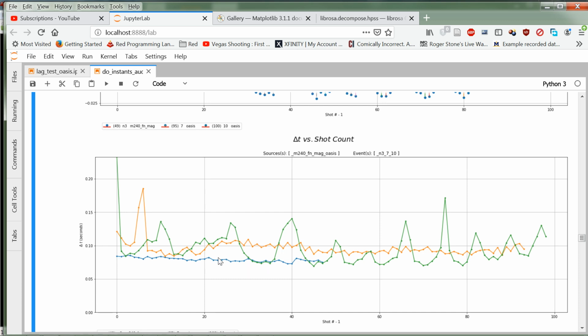Volley 10, the green line, varies substantially more than volley 7 if you exclude the first few shots. So in this graph we would say that the most consistent sounding is the machine gun, the next one is volley 7, and then the worst is volley 10.